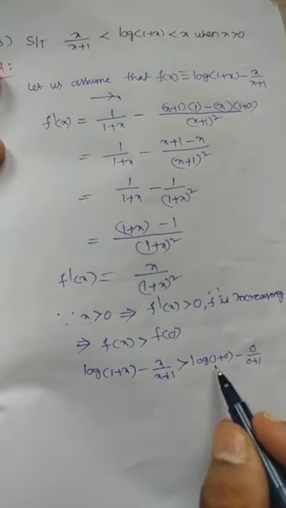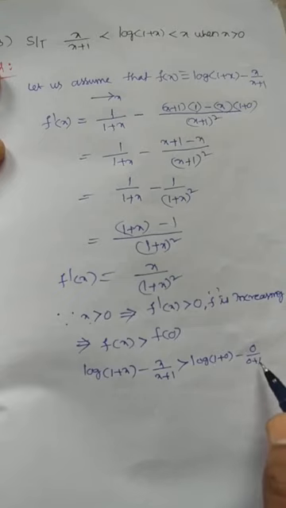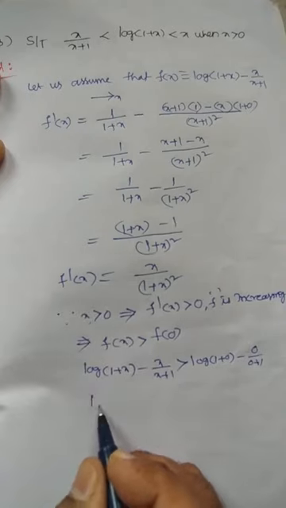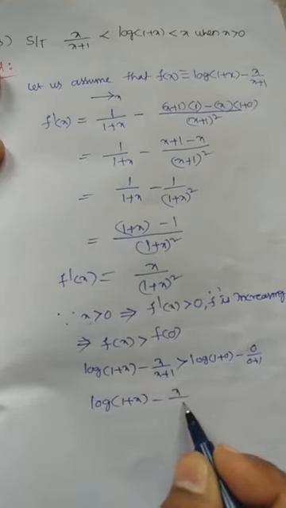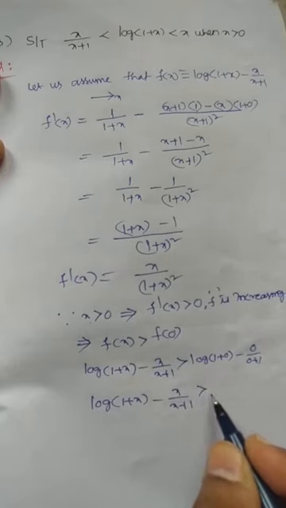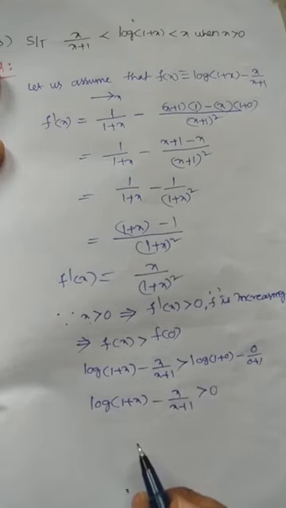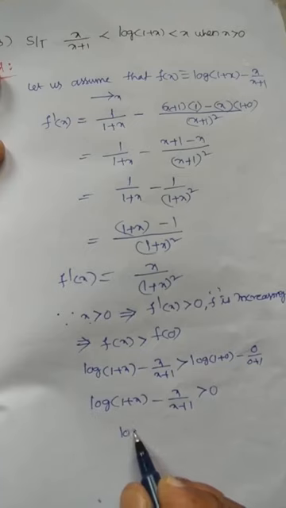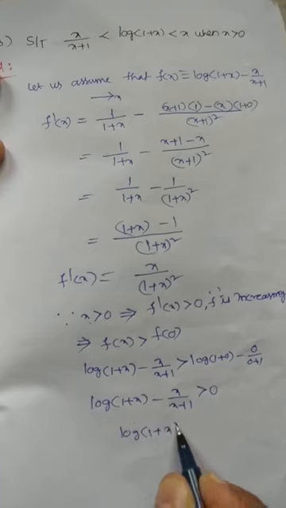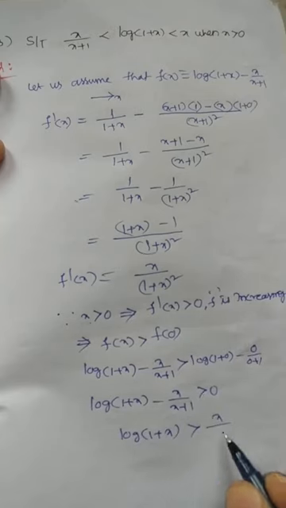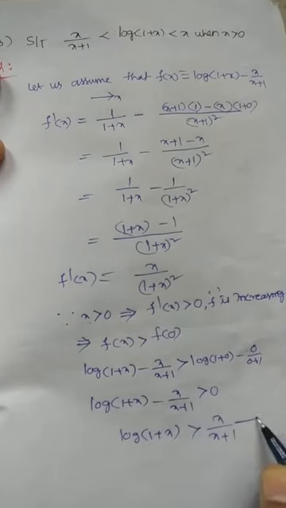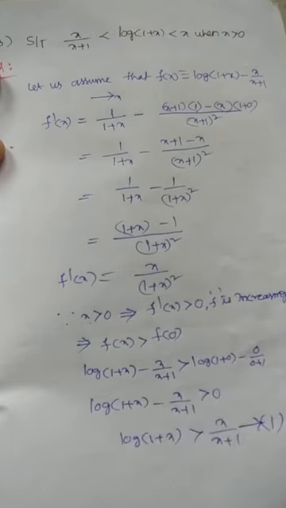So log 1 value is 0, 0 by 1 is 0, 0 minus 0 is also 0. So I got log of 1 plus x minus x by x plus 1 is greater than 0. So I got log of 1 plus x is greater than x by x plus 1. This is equation number 1.